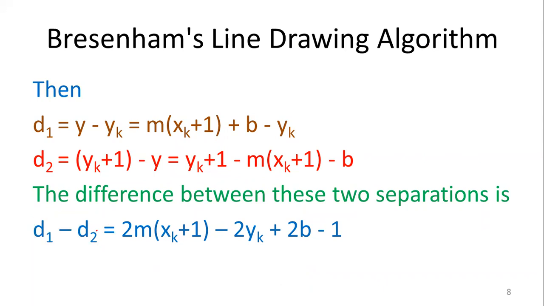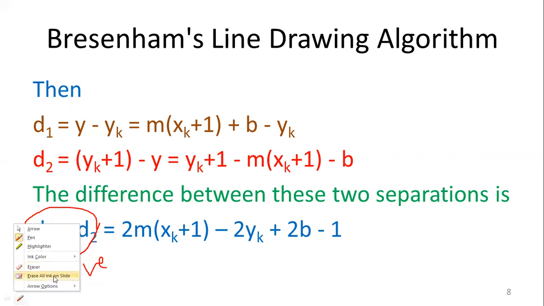And if d1 minus d2 is positive, it means d2 is smaller, so the next pixel to be plotted is xk plus 1 comma yk plus 1. So this d1 minus d2 is a very important parameter.